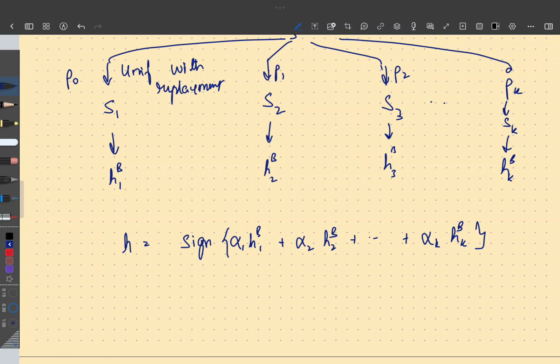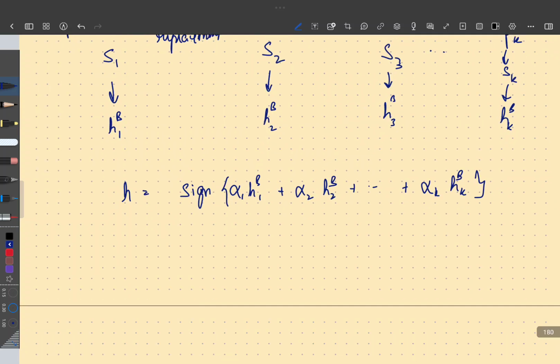You have to fix alpha 1, alpha 2 up to alpha k. So let's take 3 of those. Then you take alpha 1 equal to alpha 2 equal to alpha 3, right?